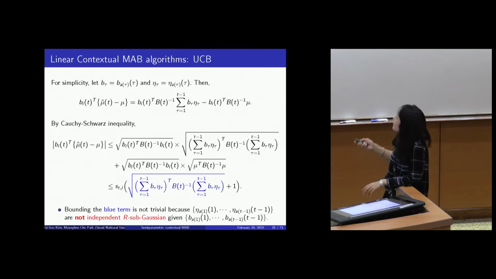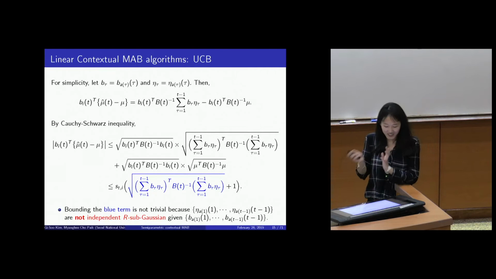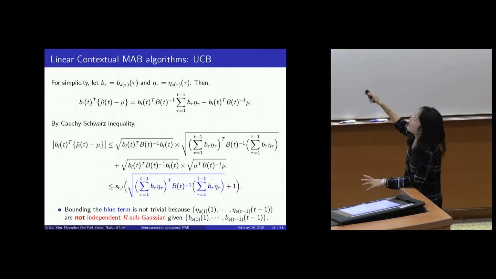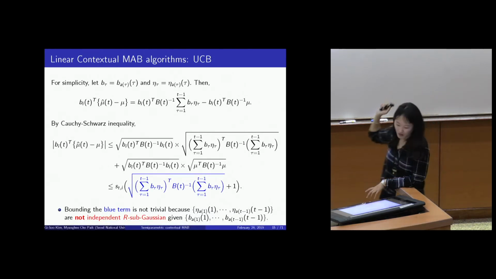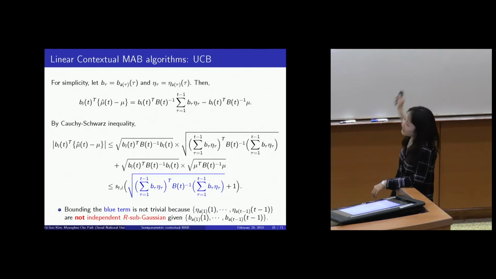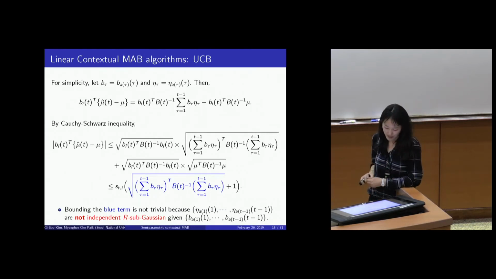And proving 1 is about bounding this term with high probability. And using very simple techniques, we can bound this term by the s_t times some blue term plus 1. So if we bound this blue term plus 1 by alpha, then the proof is completed.